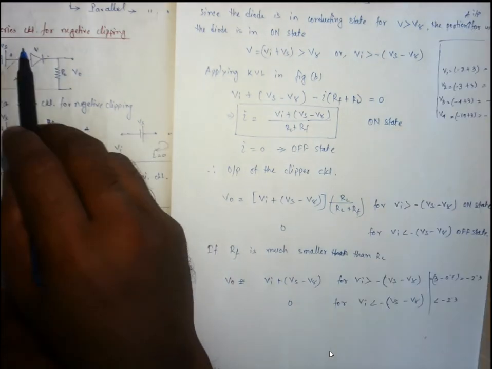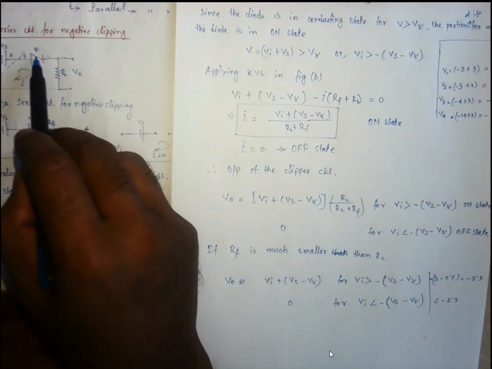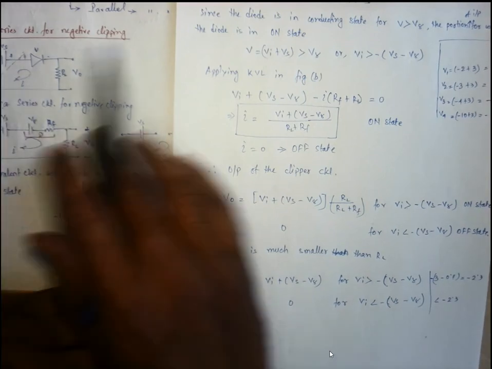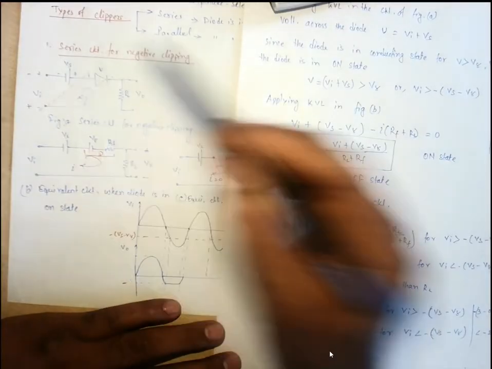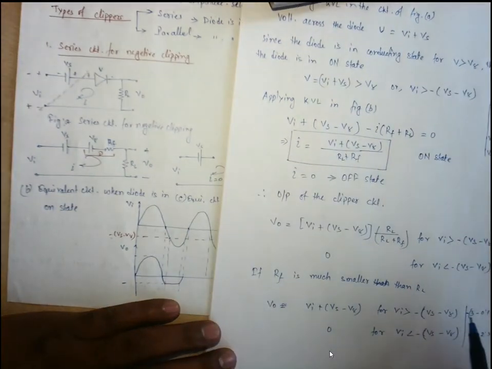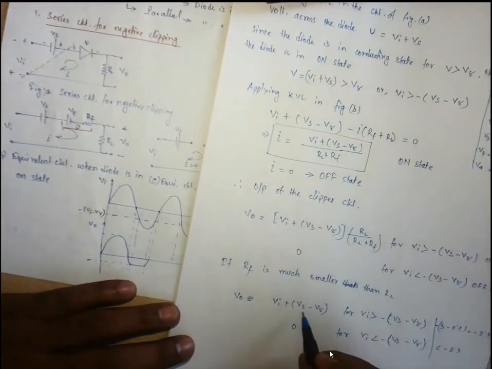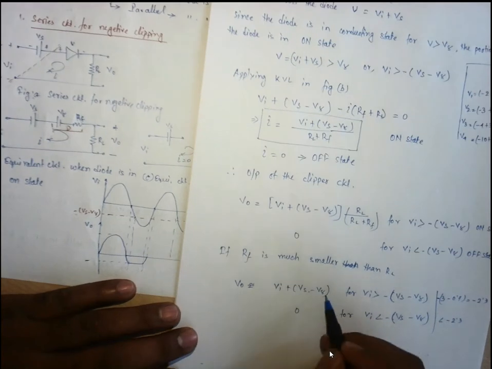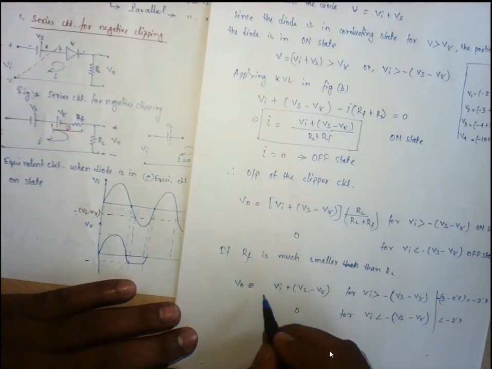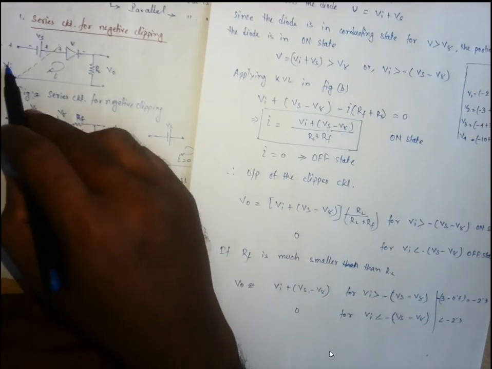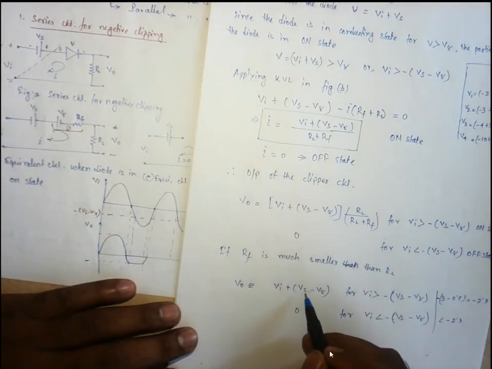If a practical diode is used, the knee voltage will get deducted from this Vs as well. That is what comes as the output, that is Vs minus V gamma. So the output will be the combination of Vi plus Vs minus V gamma.